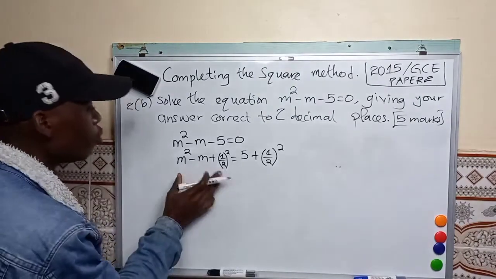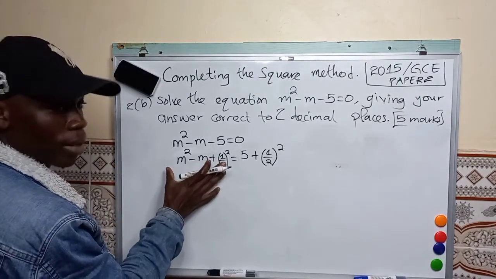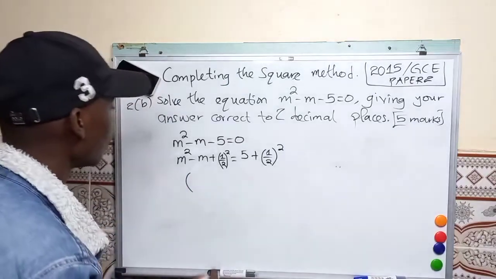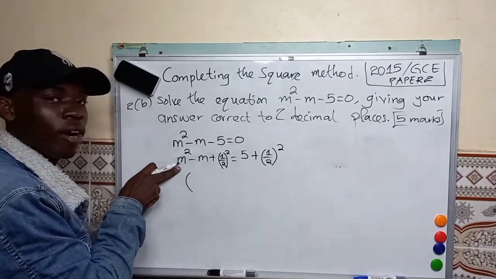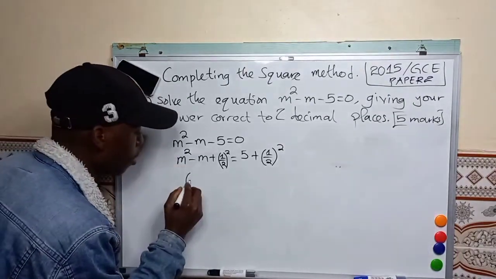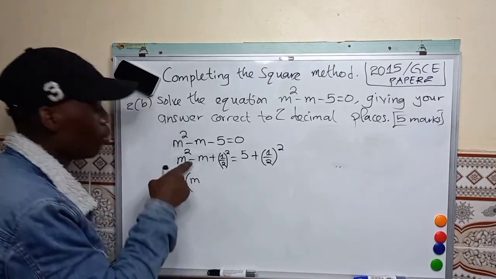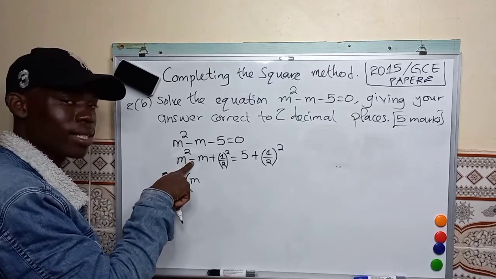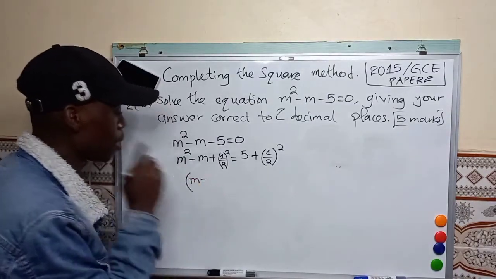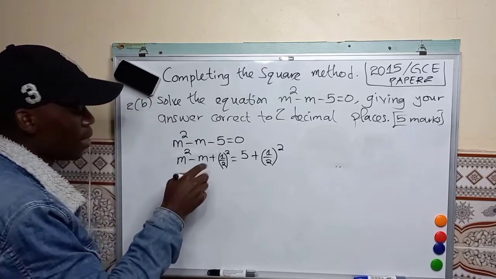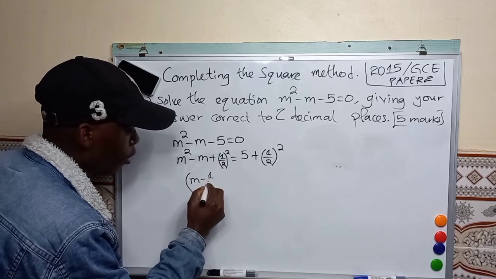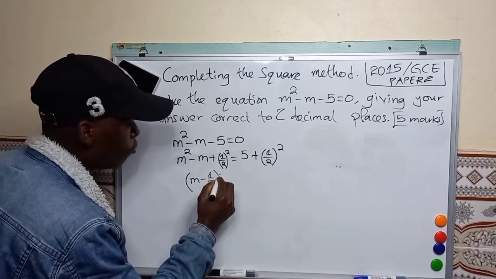Now, how would you factorize what is left on the left side? Here is a very quick technique. You get the m, and whatever sign is here, if it's plus, you put plus; if it's minus, you put minus. So this is our minus there. Then you get this 1 over 2 inside, then everything you square.